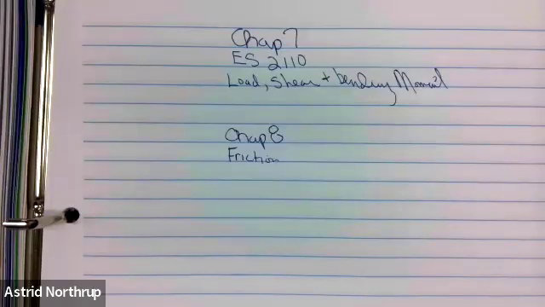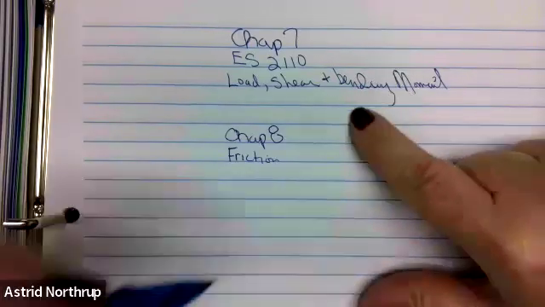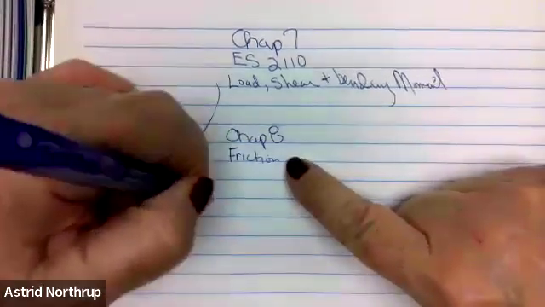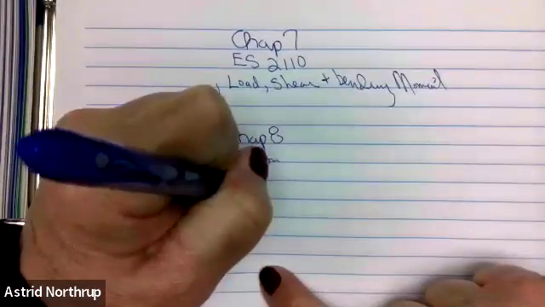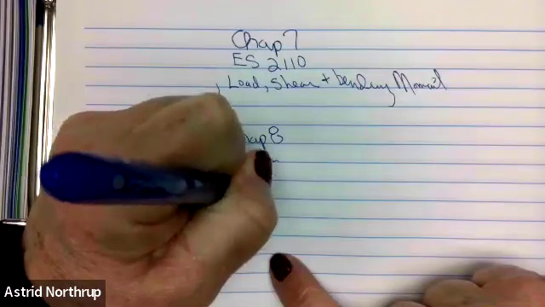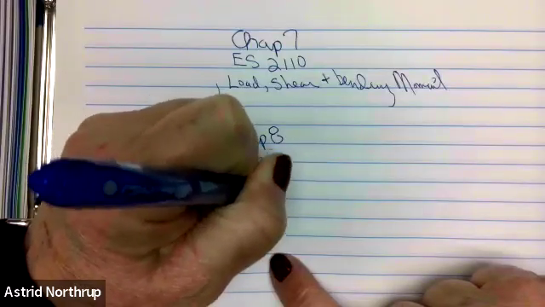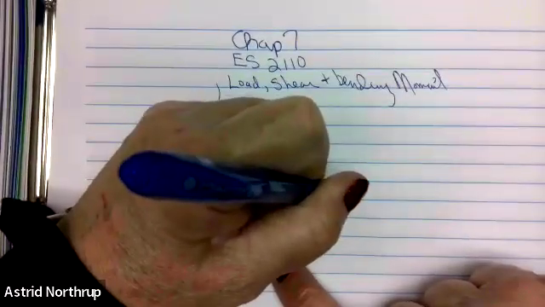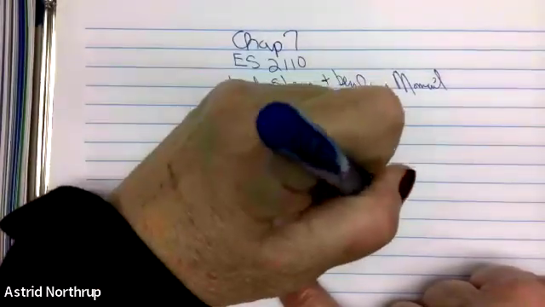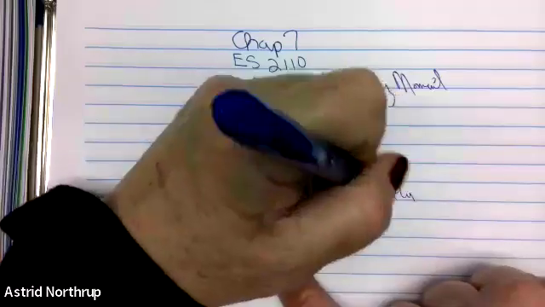Here we go. All right, we've got this bare piece of paper back. Basically, when we're talking about different sorts of solutions, when you do shear load, shear, and bending moment, which is, like I said, mechanics of materials, it will build directly on this material.